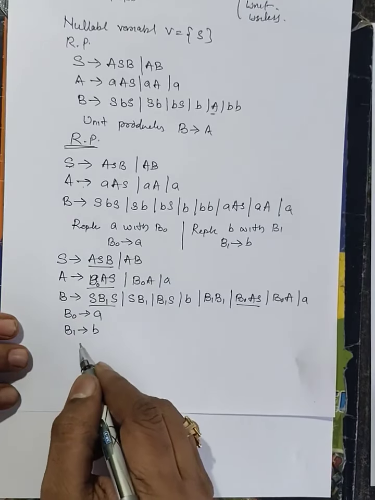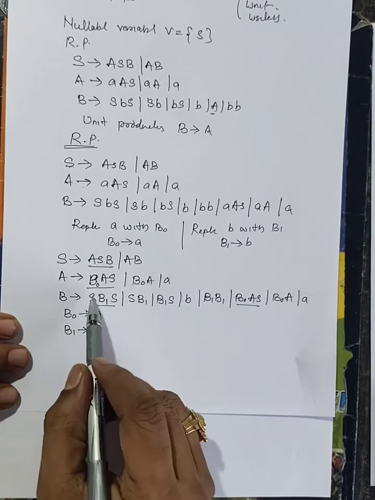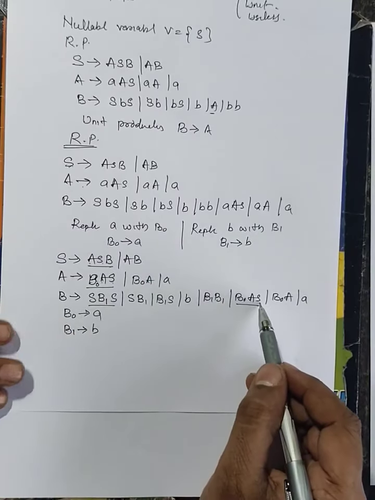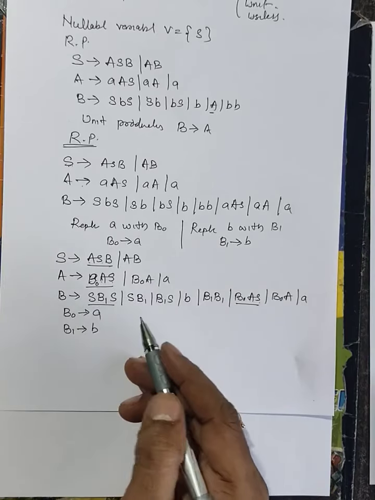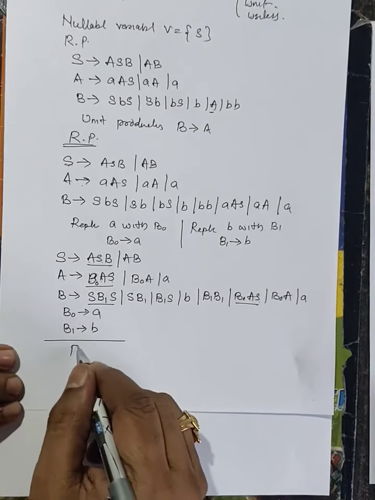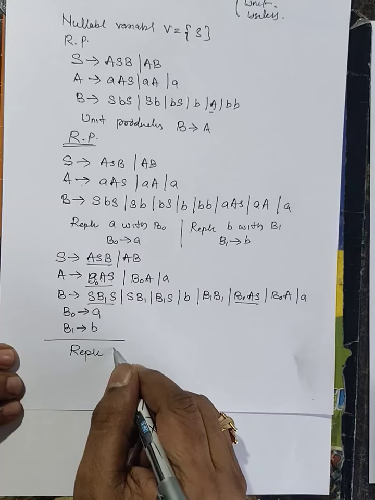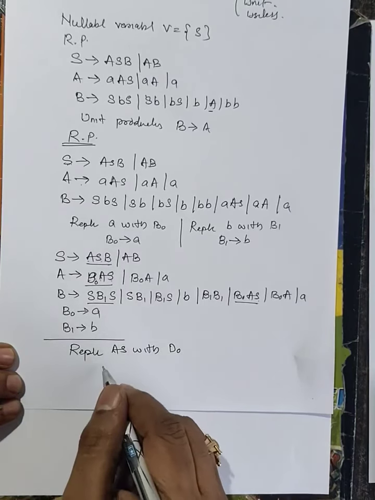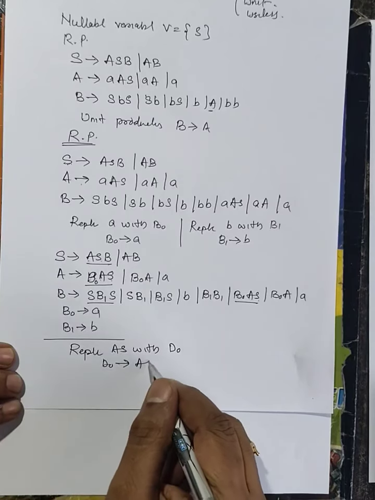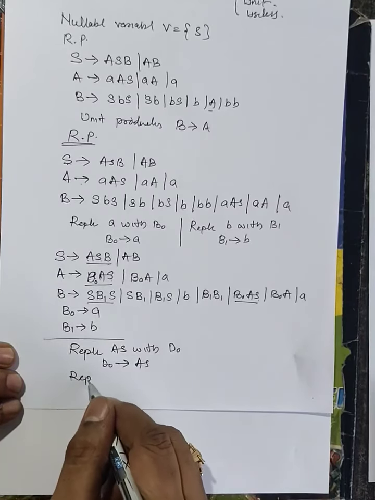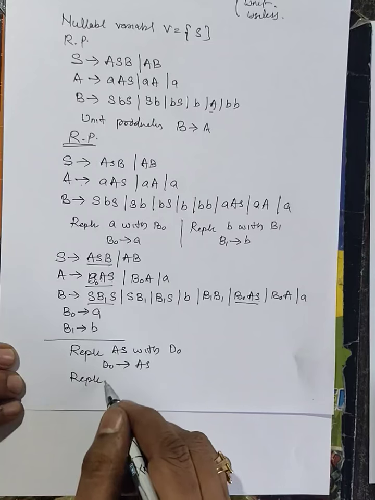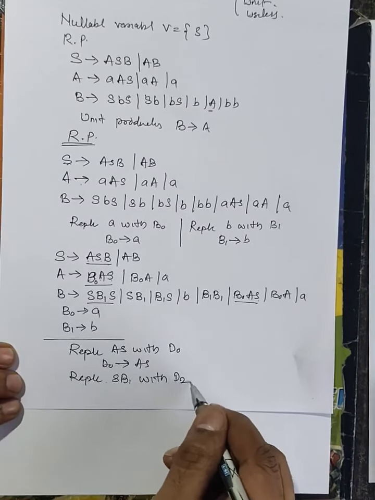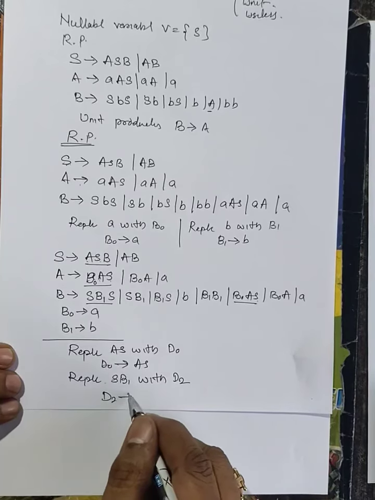Then convert into CNF. How to convert this 3 into CNF? Here AS is there, and here one variable, means replace AS with D0, means D0 produce AS, and replace S B1 with D1.